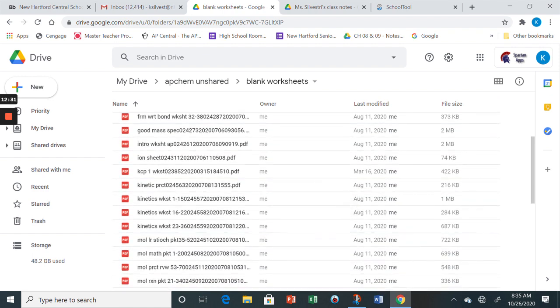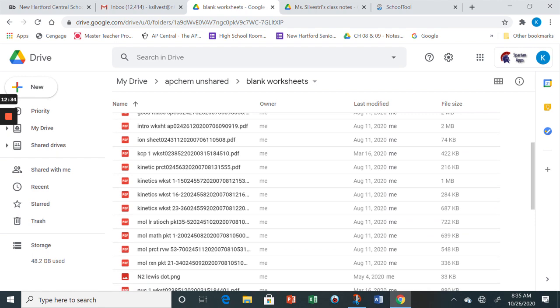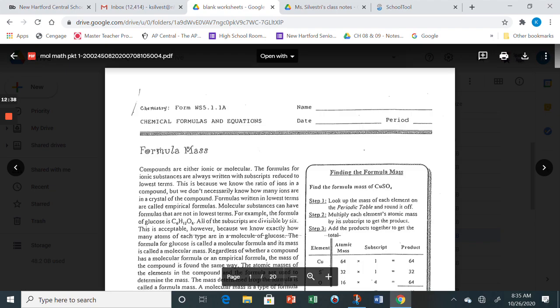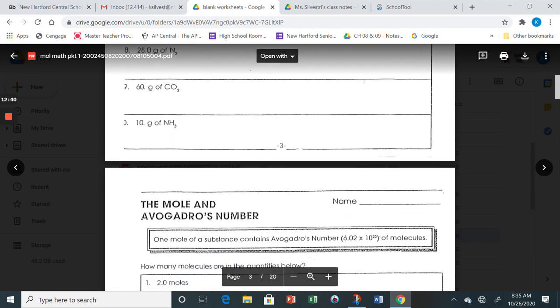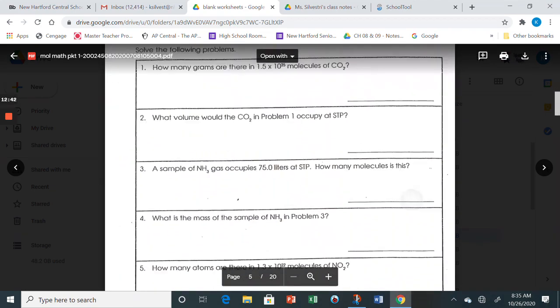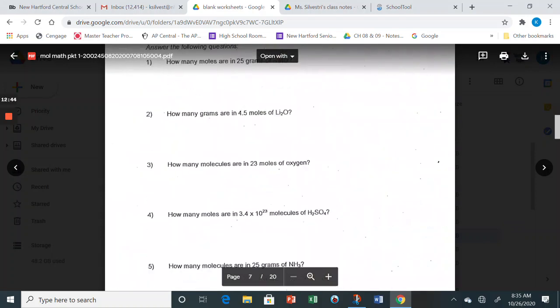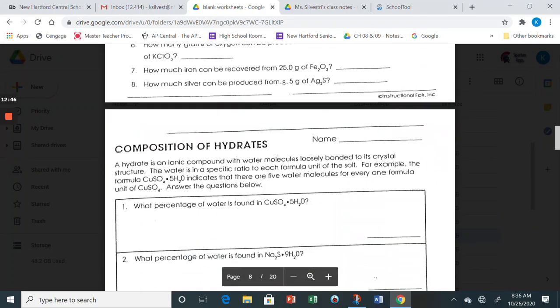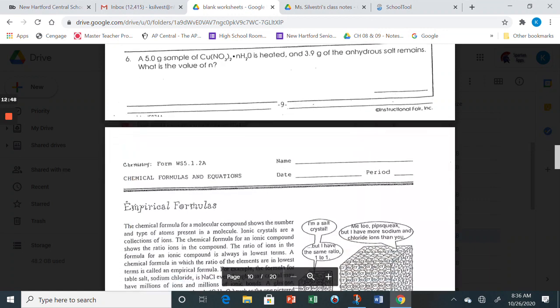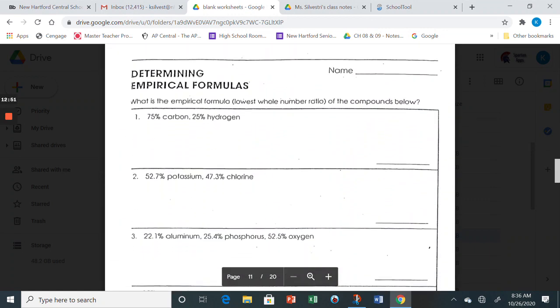I just have to find the right one. More math, it's got to be this one. Hydro's number, mixed mole problems, we're getting there. Nope, we're coming. Percent composition of hydrates, empirical formula, right here.